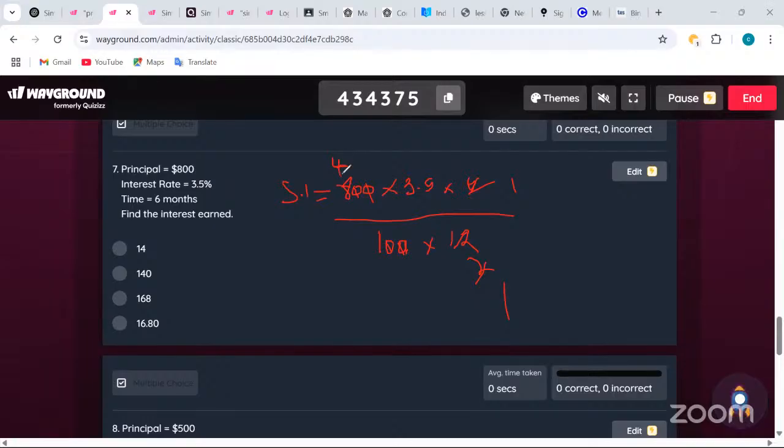So I'm left with 4 times 3.5. What is 4 times 3.5? That's 14.0. And 14.0 is in the options. That's 14, correct. You can see it now.